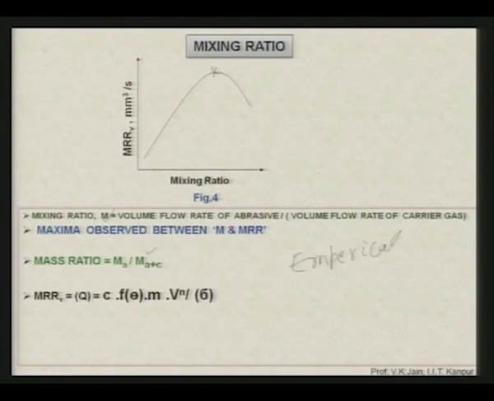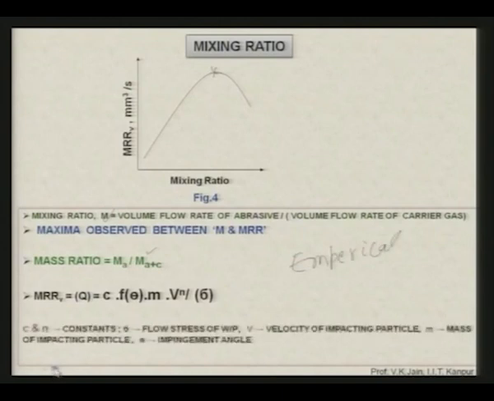This empirical formula is given over here for calculating the volumetric material removal rate, that is Q, where C and then theta m v raised to power n divided by sigma.